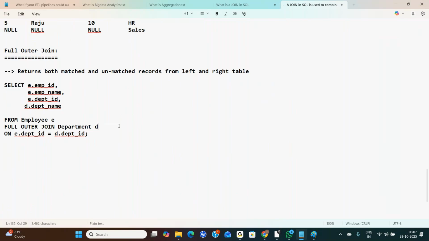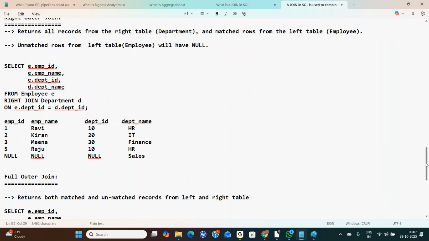So it returns all the matched as well as unmatched records.